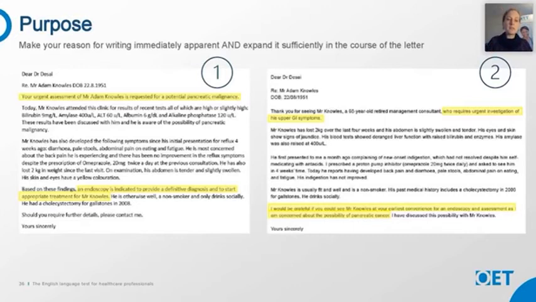Then we return to the beginning of the circle by returning to that reason for writing and providing a more specific level of detail about our request. So the fact that we've got the endoscopy at the end is a nice way of closing the circle, bringing the reader to a sense of completion that they've now understood everything, and leaving them with the most important request that they're going to have to do on behalf of the patient.